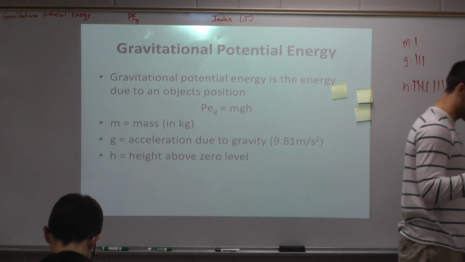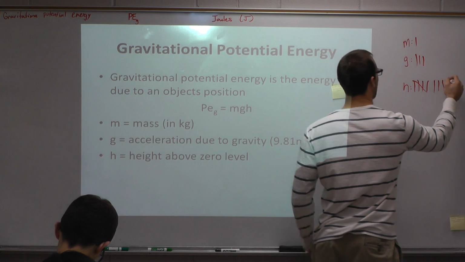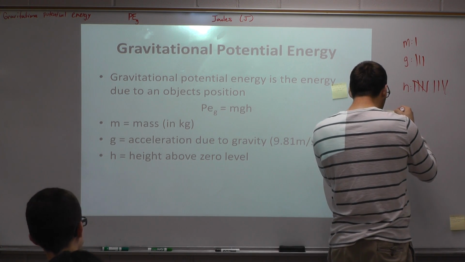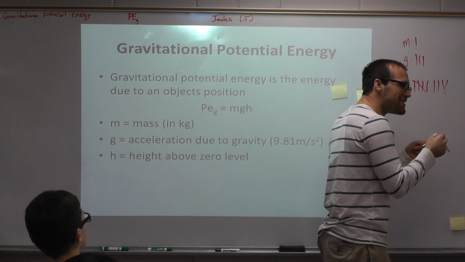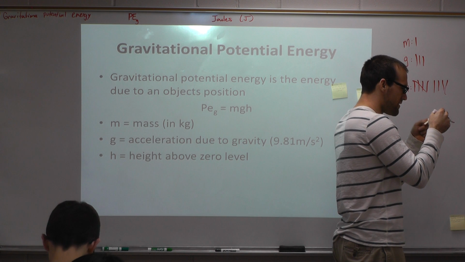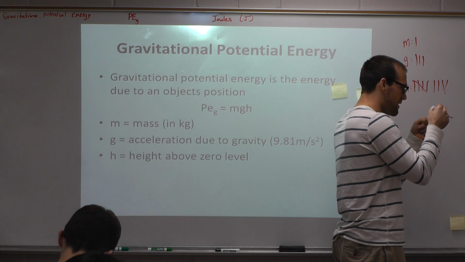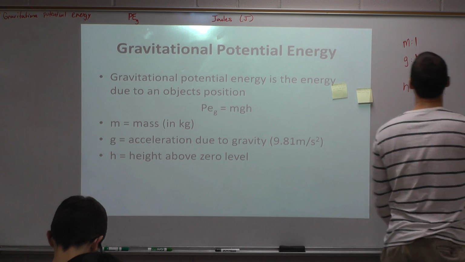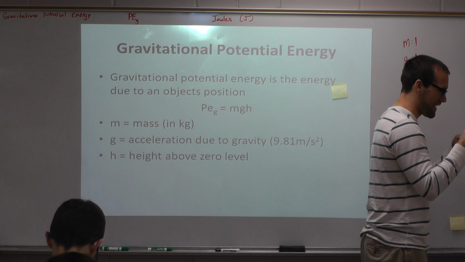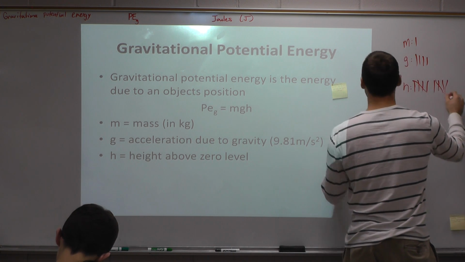Height, since gravity is always pulling down, and it changes the entire equation drastically. G, acceleration due to gravity, you need to know the G. H, because it may have more of a chance to change the gravitational potential energy.